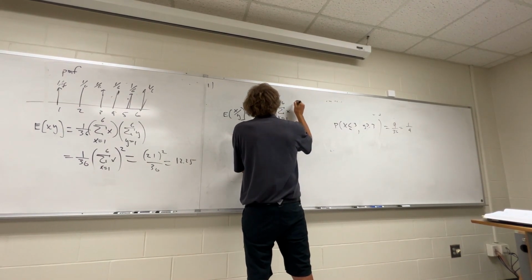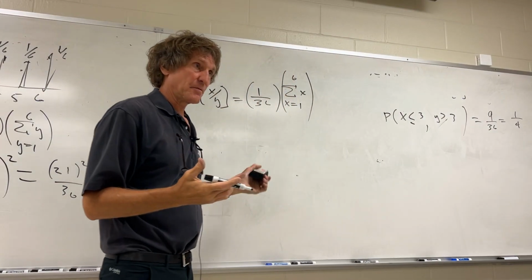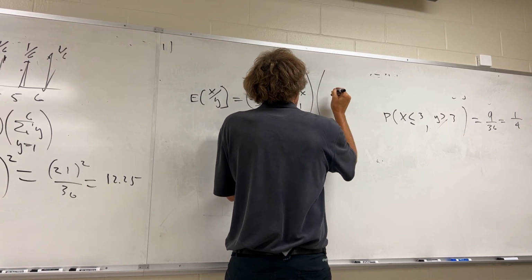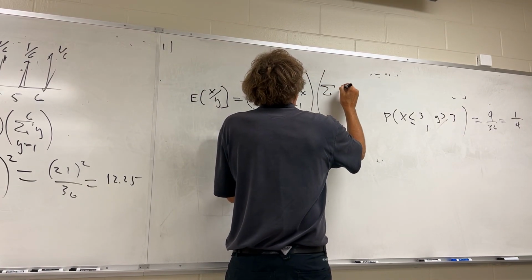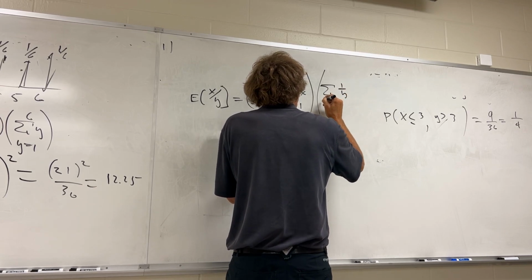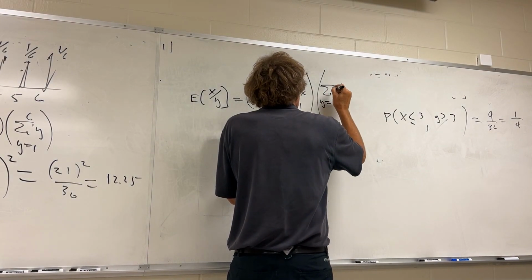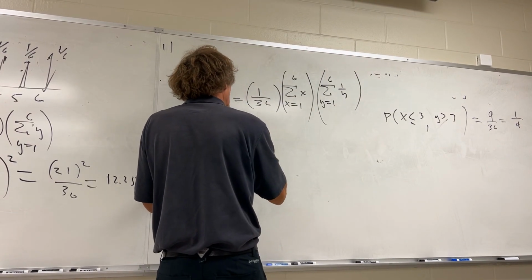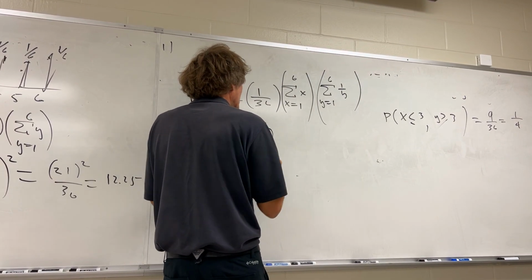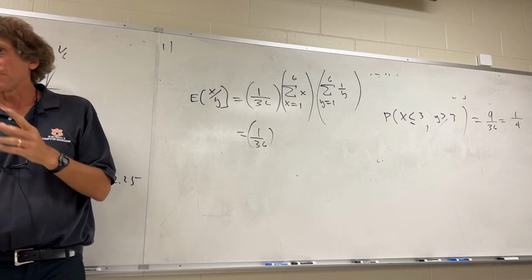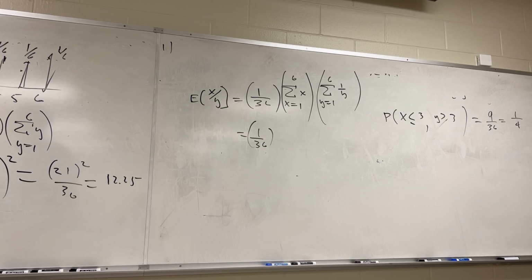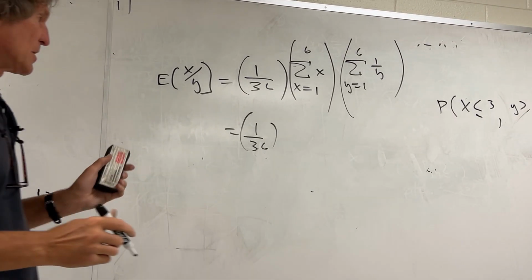That was 21 last time, if you remember. Then I have to sum up and multiply 1 over y from y equals 1 to 6, right? So this is going to be 1/36. Now we just did this. If we go from 1 to 6, we get 21, don't we? Are you with me on that? So that's 21.